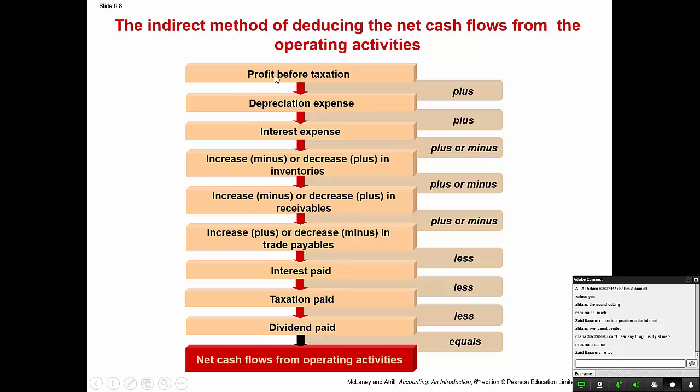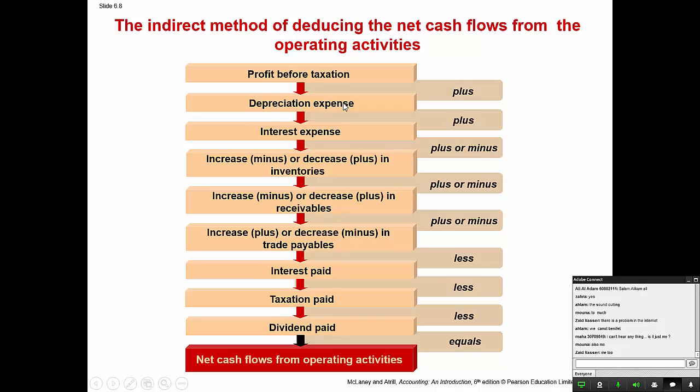That means we need to add the tax to the profit first of all, to get this amount, which is profit before tax. Then we also have the depreciation in the income statement. We also add this depreciation, and if we pay interest, then we need to add it to this amount. So here it is the profit before taxation plus depreciation expenses plus interest expenses.